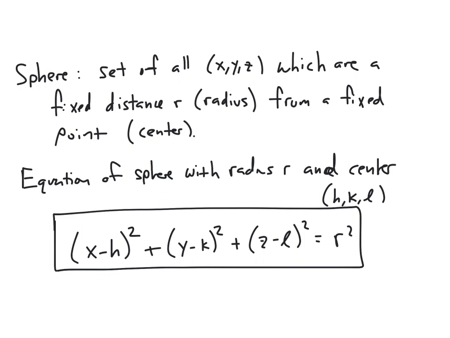If I take the square root of both sides of this equation, the square root of the left side is simply the distance from the point (x, y, z) to the point (h, k, l). And on the right side, when we take the square root, we would just get the positive value r. And so this equation is quite literally saying the distance from (x, y, z) to (h, k, l) is equal to r, which is exactly the definition of a sphere at the top of the slide. Right? And so every sphere with radius r and center (h, k, l) can be written in this form.